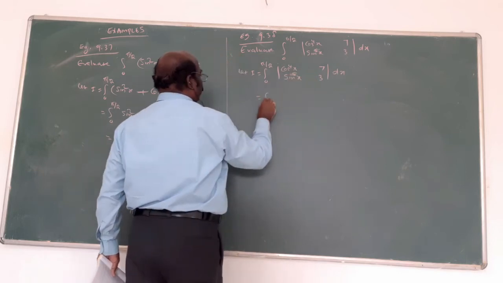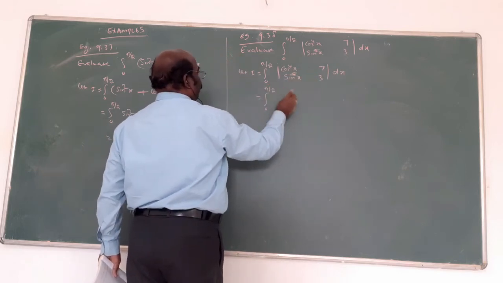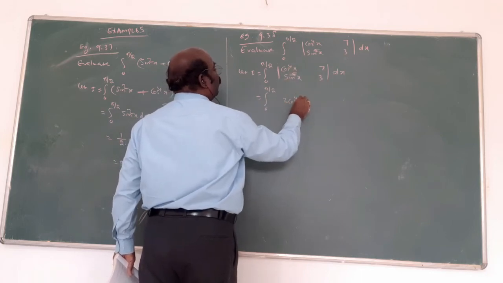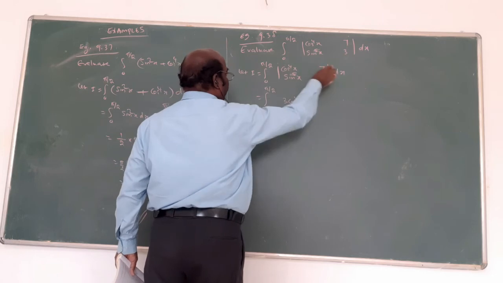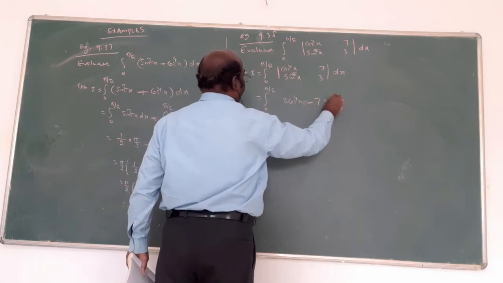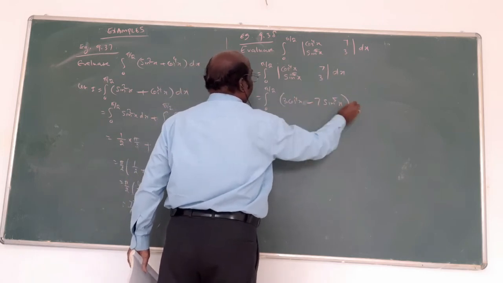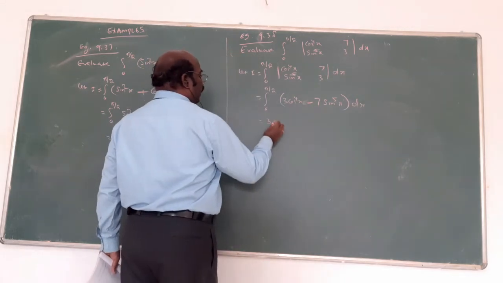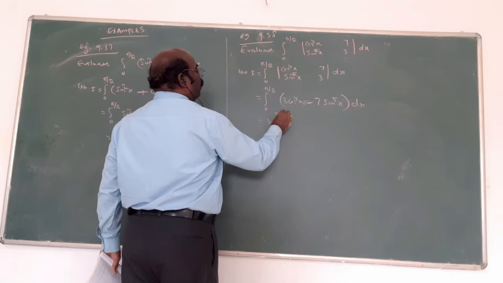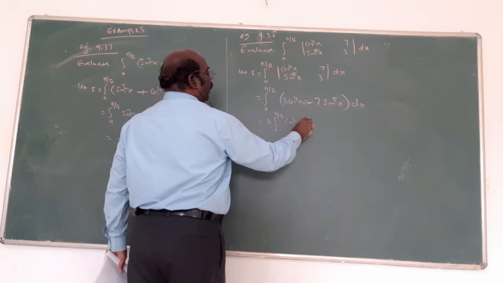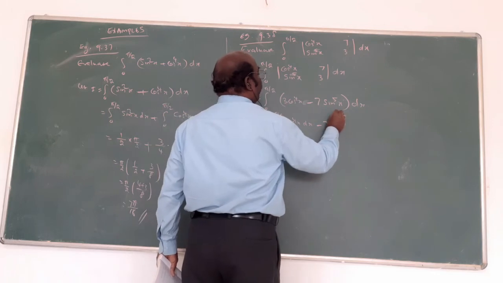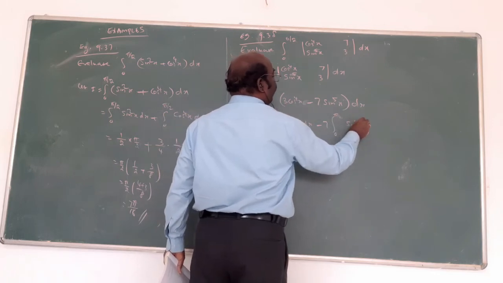Now this is to be expanded. Expand it: integral 0 to pi by 2 of 3 into cos 4x dx minus 7 is constant, again integral 0 to pi by 2 of sin 5x dx.